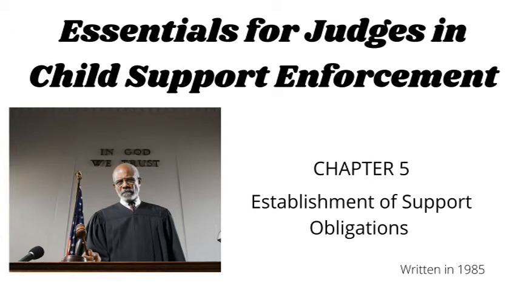This is despite 45 CFR 302.53, a 1975 regulation mandating states to establish a formula for determining support amounts where no order exists. In such jurisdictions, the decision as to how much a parent should pay for child support is left entirely to the subjective evaluation of the court.